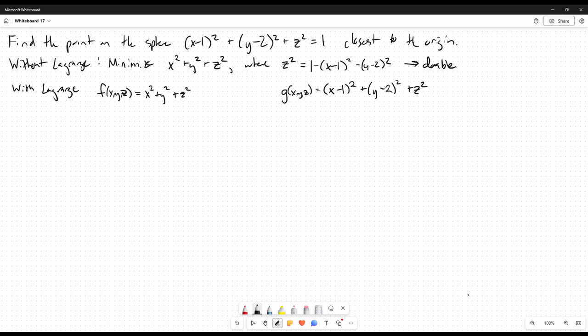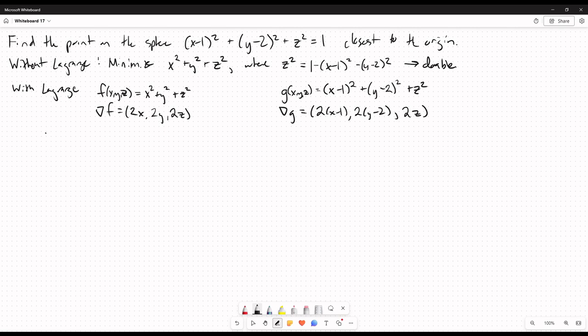And I would go ahead and now take the gradients of each of these. The gradient of f is going to be 2x, 2y, 2z. The gradient of g is going to be oddly similar: 2(x minus 1), 2(y minus 2), 2z.